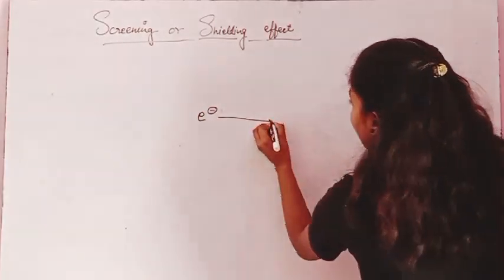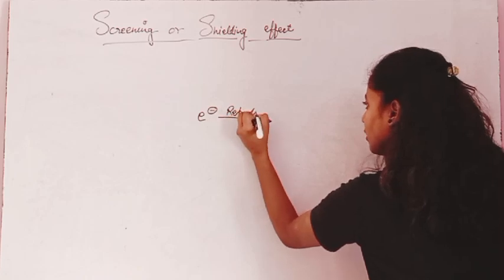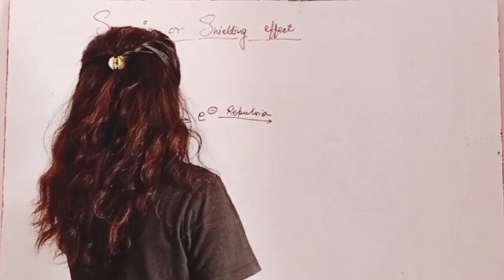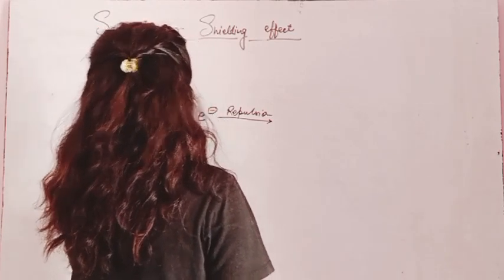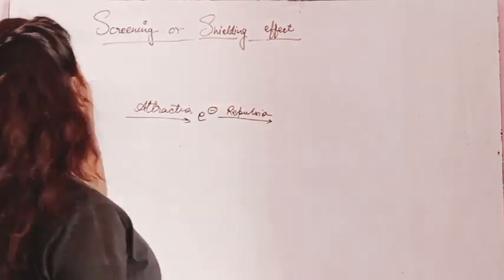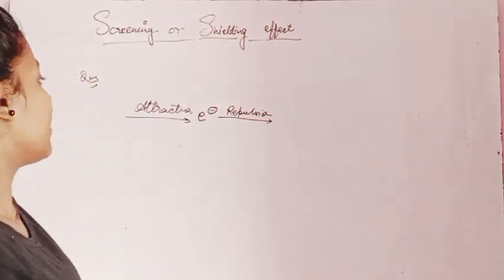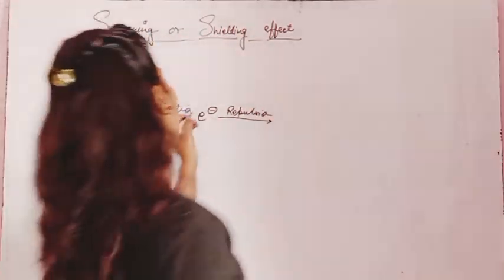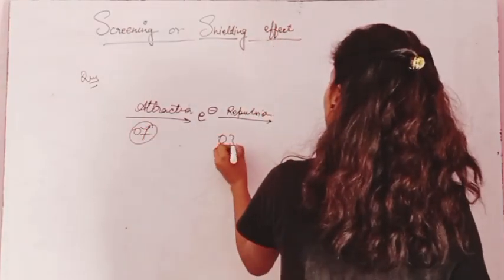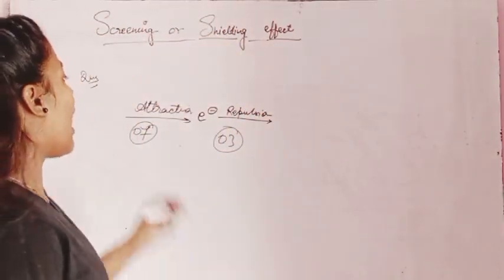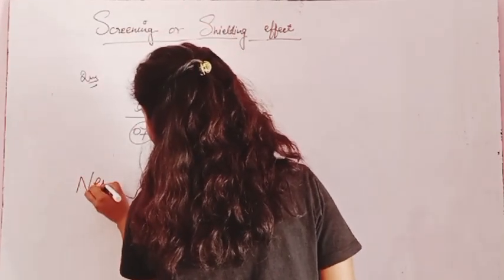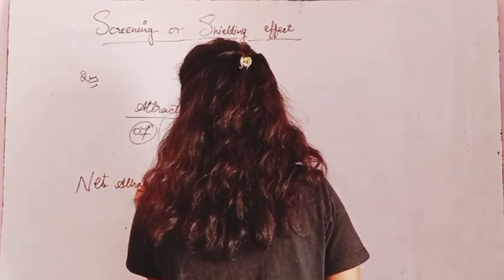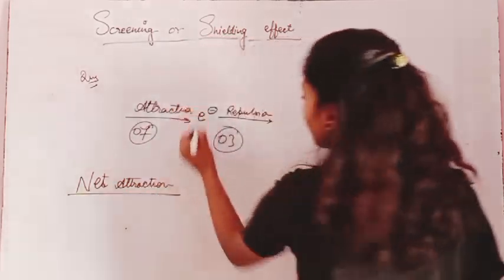I would say some kind of repulsion is also acting on it, right? Some kind of repulsion is acting upon it and some kind of attraction. Now, if I ask you a random question, that on this particular electron the attraction is 7 units and repulsion is 3 units, please everyone let me know what is the net attraction on this particular outermost shell electron.